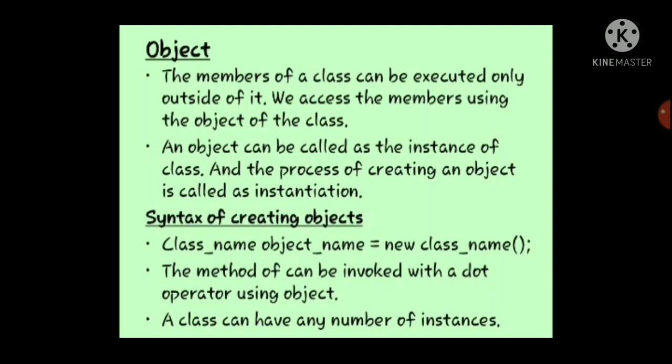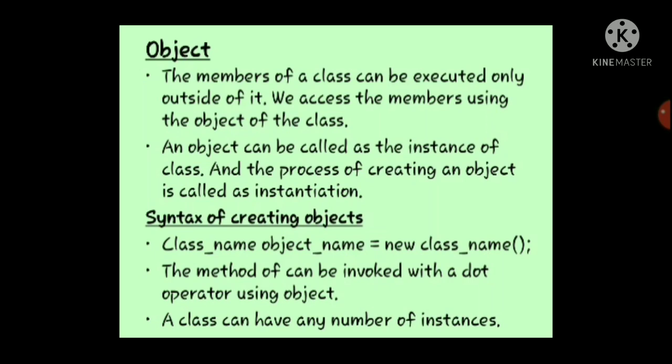So when we create an integer variable, we say int a, right? So like that, if you want to create an object, we'll say class name space object name, right? So what is object? That is a variable that has the class type, right? That is the user defined variable created in class type, right?